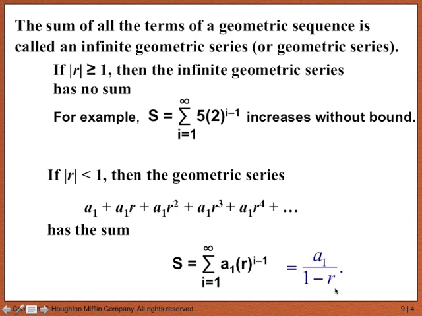When you're dealing with an infinite geometric series, you can use this formula as long as the absolute value of r is less than 1. If the absolute value of r is greater than or equal to 1, then the series simply increases without bound, and there is no sum.